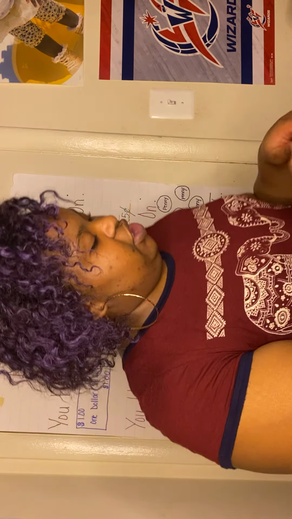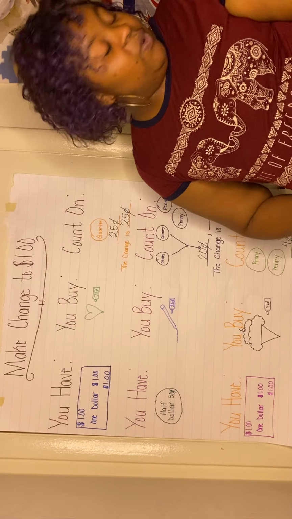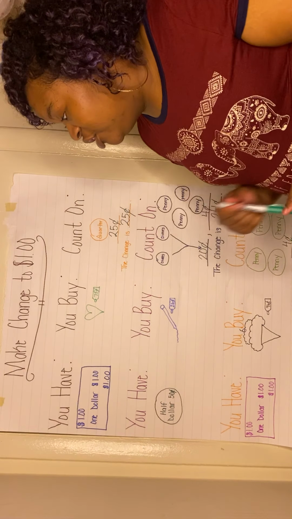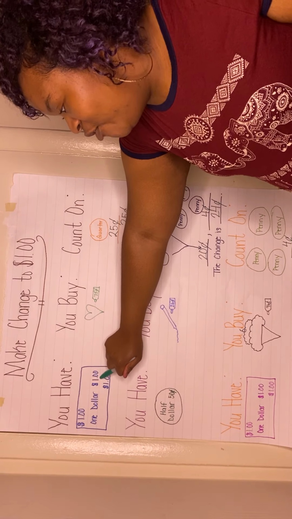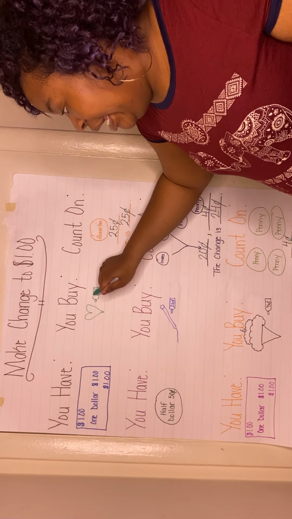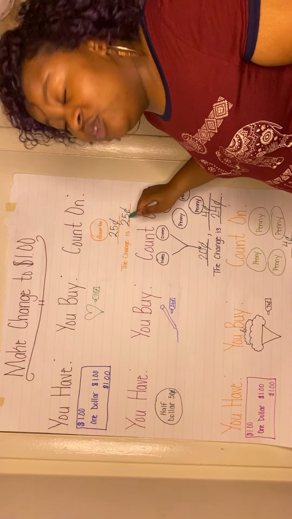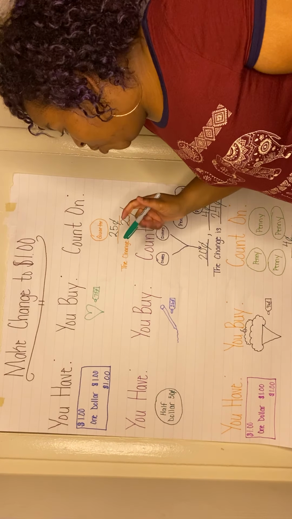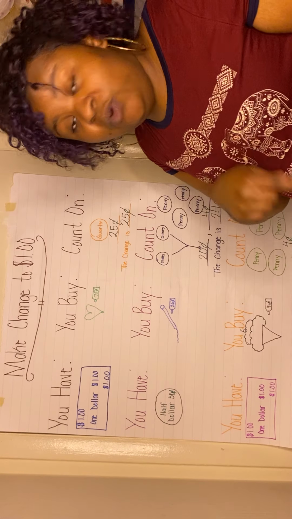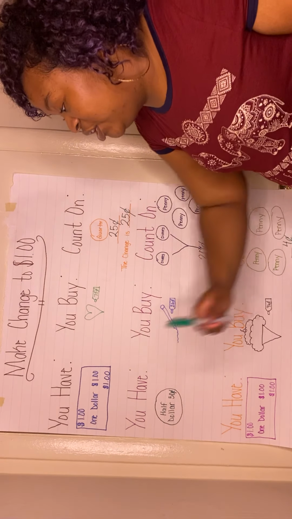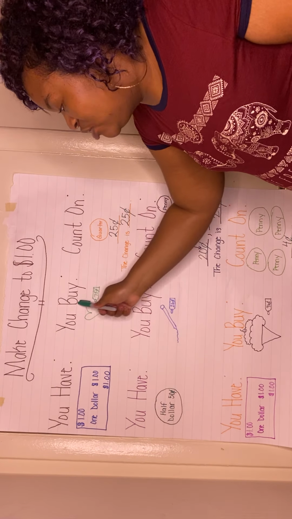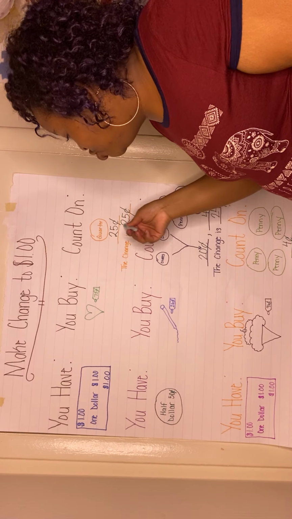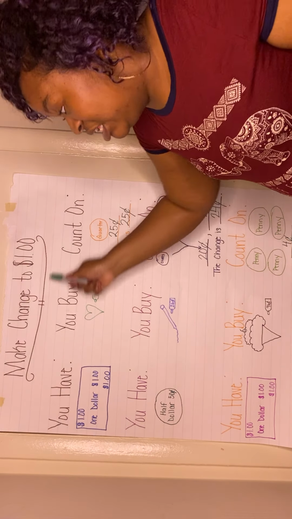So that's all you're doing on page 271 and 272. All you're doing is looking at what you have, what you want to buy, and then how much you will have left over, or counting on.